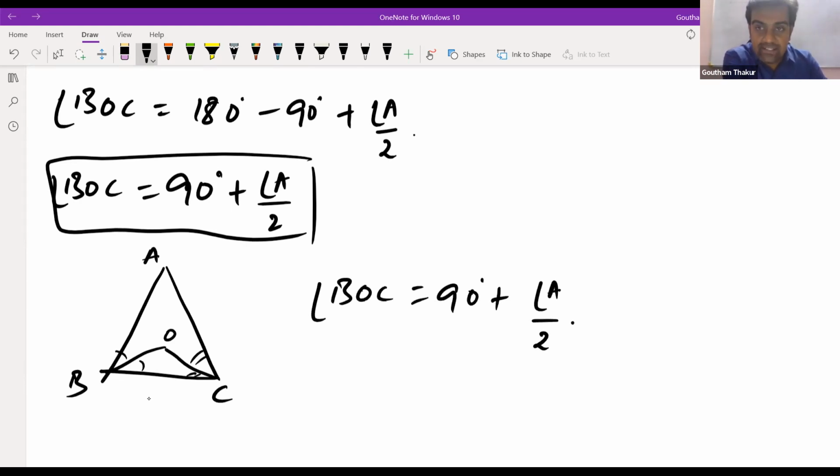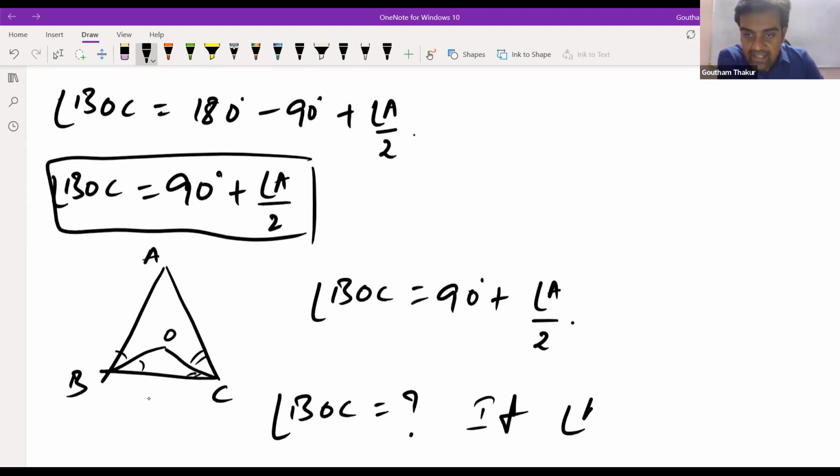Now tell me, what is the value of BOC if angle A is 90 degrees? Now quickly tell me the answer for this. No, Anushka.